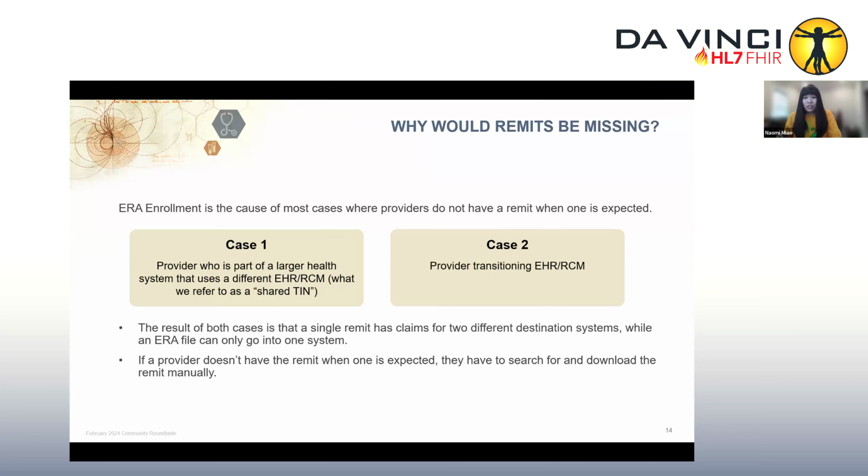Can providers just enroll for ERA with payers or clearinghouses and this problem becomes a non-issue? The answer to that is no. And we will explain that. You can see that these use cases either make ERA enrollment not possible or make ERA enrollment not effective for solving the missing remit problem. Next slide, please.